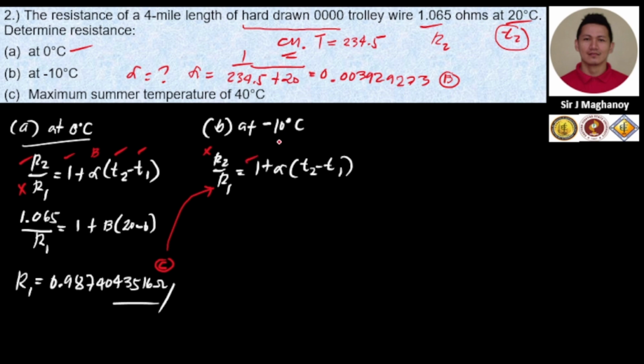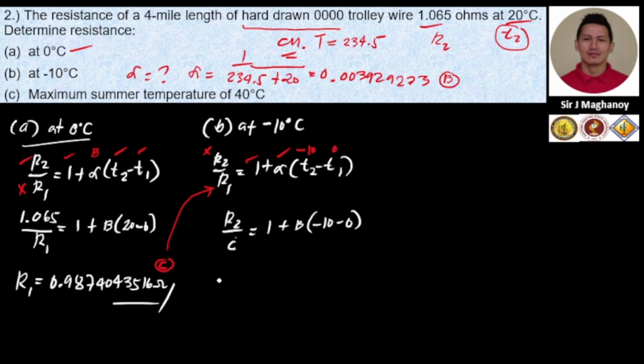Okay, the temperature coefficient. Your final temperature here is -10. As for T1, that is 0. Okay, moving on. R2, this is the value of our R1, that is 0.9874043516, saved to our alpha C, times 1 plus our temperature coefficient, saved in alpha B, times -10 minus 0.